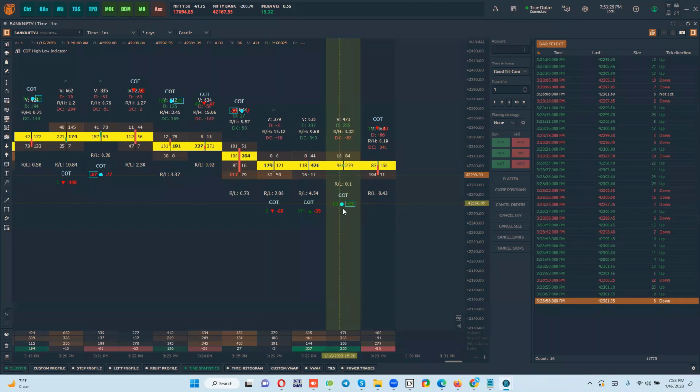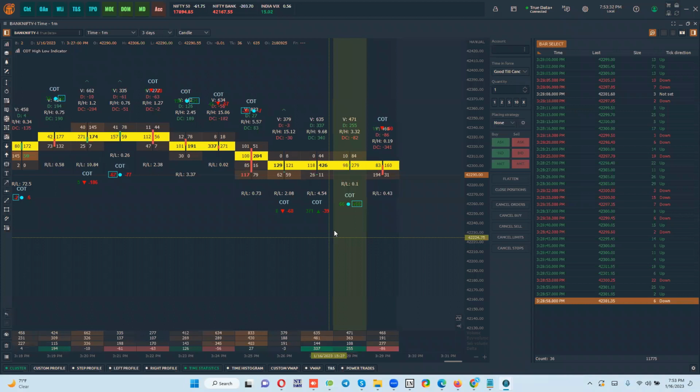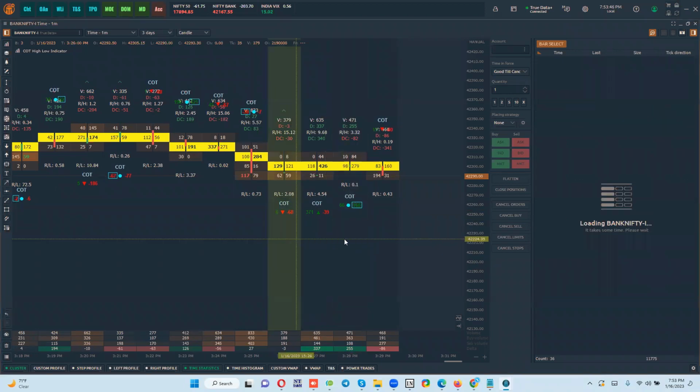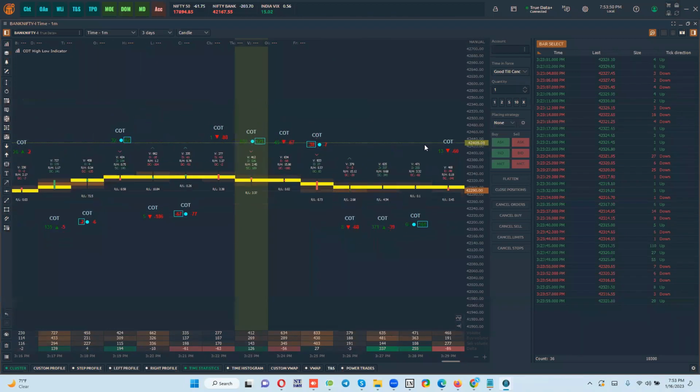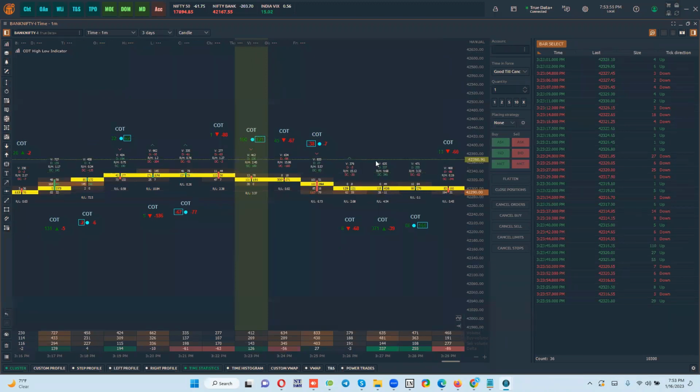Okay, so for the rectangle, ideally, what should happen? Why we put the rectangle is that this particular value should have been negative in an ideal circumstance, but we have a positive value out here. That's why we highlighted it. In the same way, if you look at this, this is a negative candle, and we have a positive value.